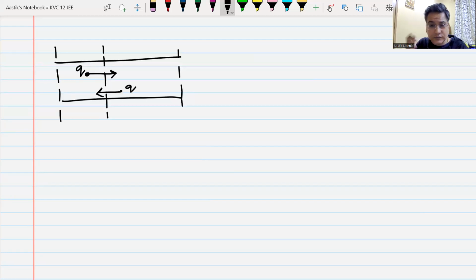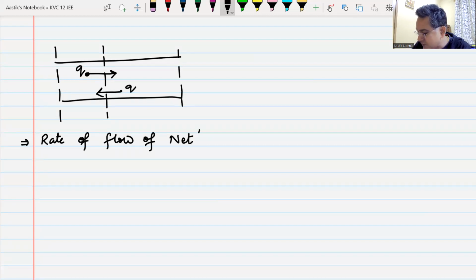Now, even though charges are flowing, there may not be any net flow of charge. So whenever we talk about current, we talk about the net flow of charge. So remember, current is the rate of flow of net charge. There must be some net charge flow.